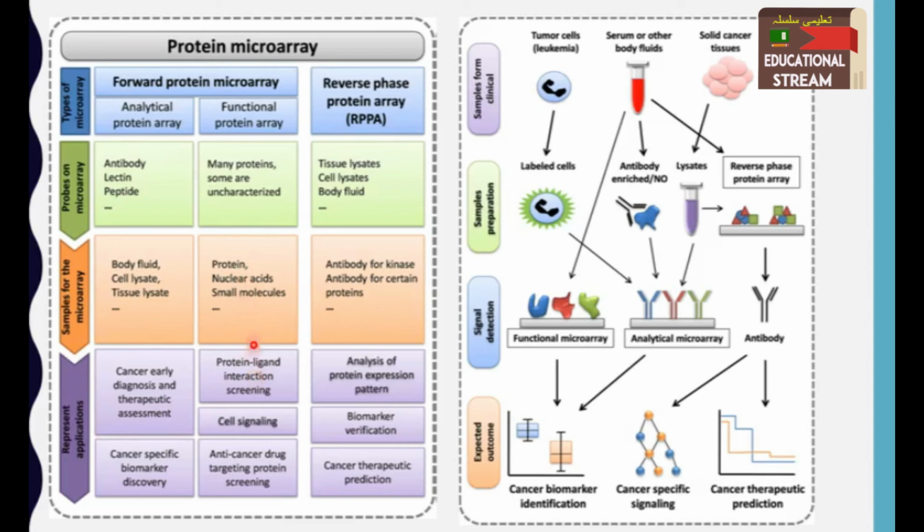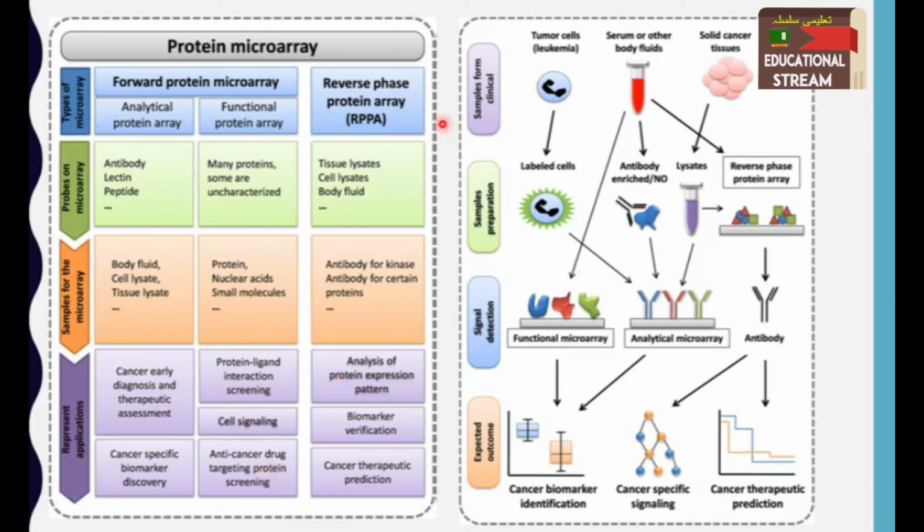It is also used for screening of biomarkers for certain diseases, like for cell signaling, for anti-cancer drug target protein screening, and for the discovery of proteins involved in DNA repair, and most interestingly, identifying the important enzyme substrates which carry out phosphorylation, acetylation, and ubiquitination.